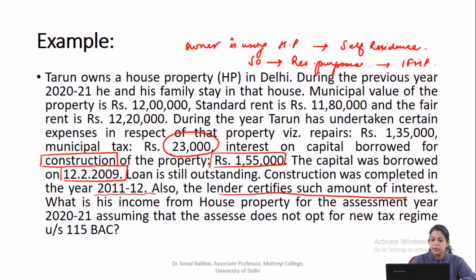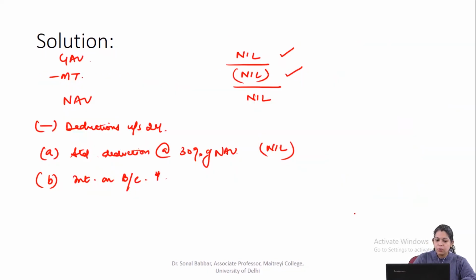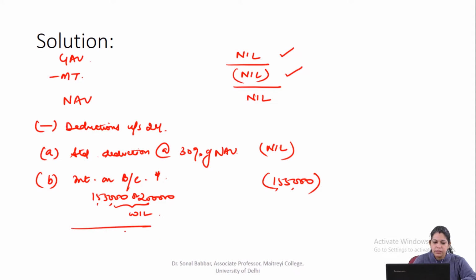Here, the interest accrued on capital borrowed is 1,55,000. So we are going to compare 1,55,000 with the higher limit, which is 2 lakh, and we take whichever is less. So 1,55,000 will be given as deduction. As a result, income from house property, which is self-occupied for residential purposes, is a negative income of 1,55,000 rupees.